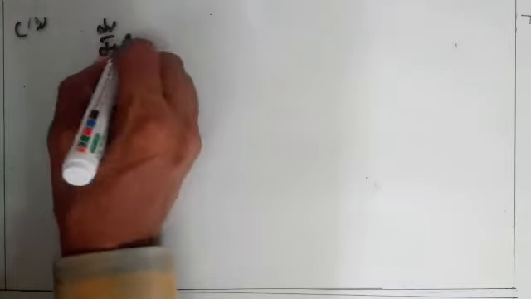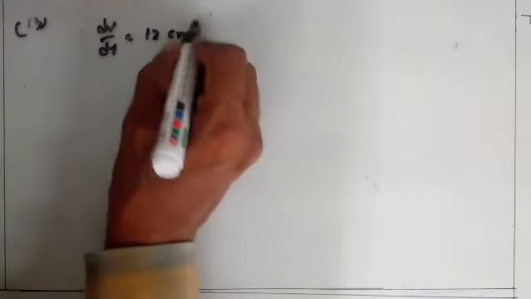Now question 14. Sand is pouring from a pipe at the rate of 12 cm cube per second. That is, dV/dt is given: dV/dt is equal to 12 cm cube per second.